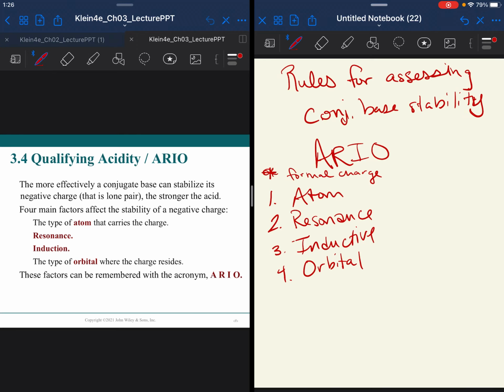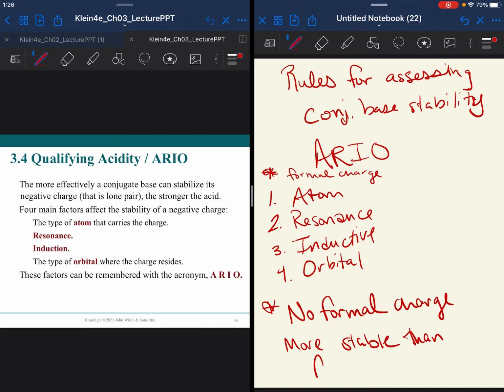Now, this little asterisk is important because, and Klein, it's not that he skips over it. I suppose it's sort of understood that no formal charge is going to be more stable than formal charge.